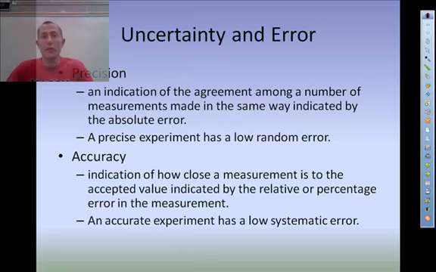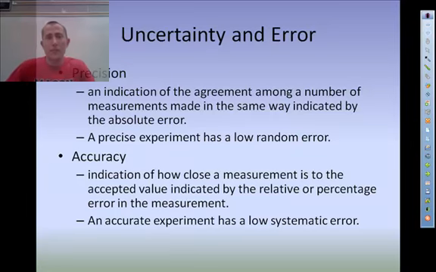If you have very low random error, you should find you have a very precise set of data. So that means all of the measurements are similar to each other. Accuracy is how close those measurements are to the actual accepted value, or how close they are to what should be. So you can have a very precise set of measurements that is completely inaccurate.